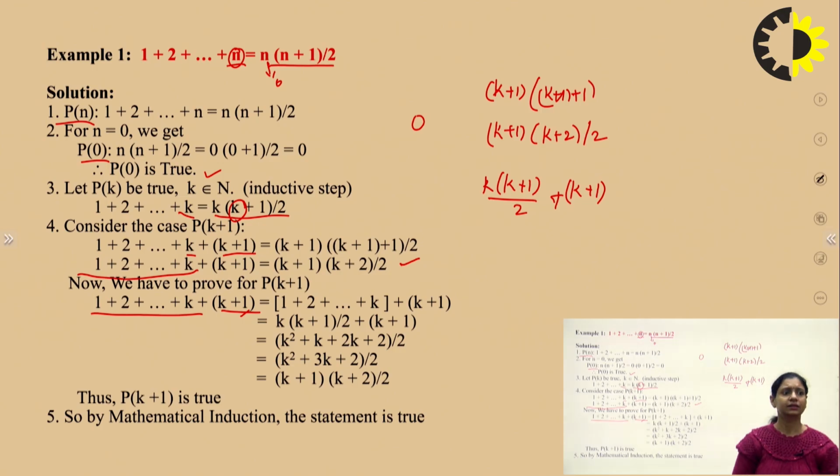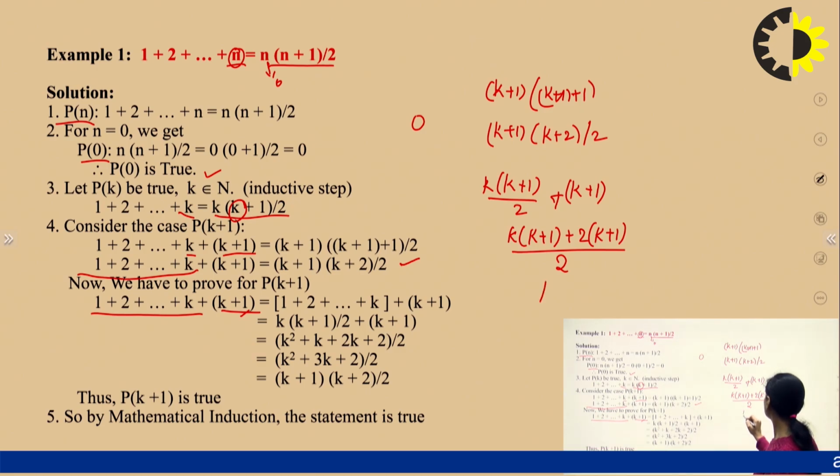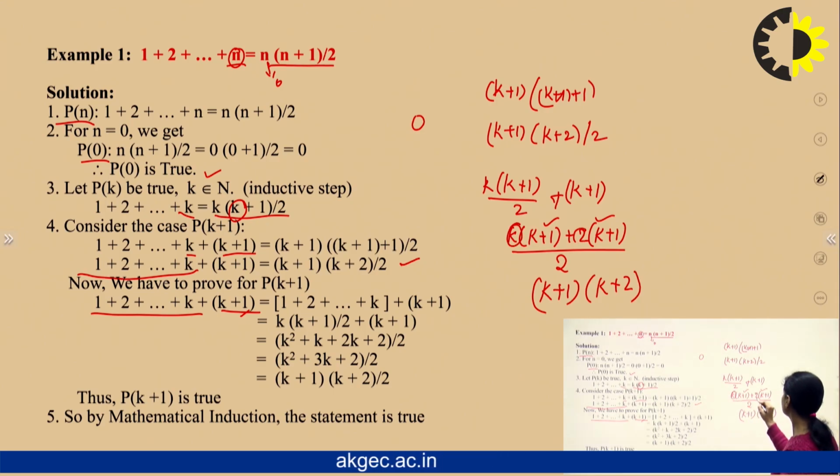When we solve this, we'll take the LCM. We'll have k into k plus 1 plus 2 into k plus 1 by 2. From here we can take k plus 1 common, and then we have k plus 2 left over, this k and this 2, and hence we reach this solution.